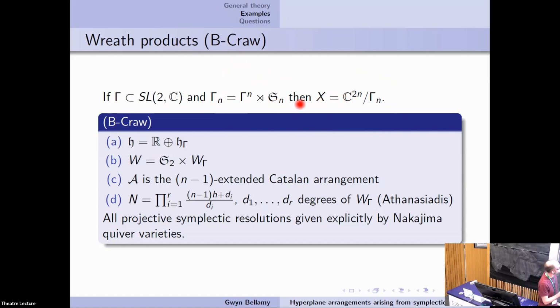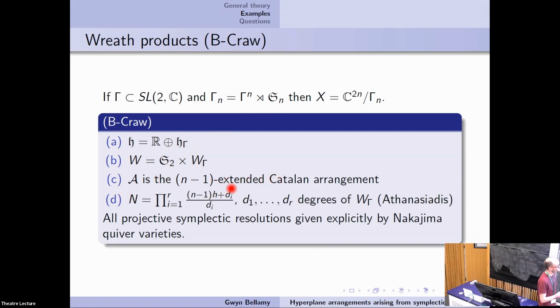This generalizes what happens with Kleinian singularities. When n is at least 2, you get an extra copy of R appearing in your Cartan space. This is just the Cartan space for the Weyl group associated to gamma. Your bigger group is not much bigger; you just have a copy of Z mod 2 appearing, corresponding to the symmetric group part.